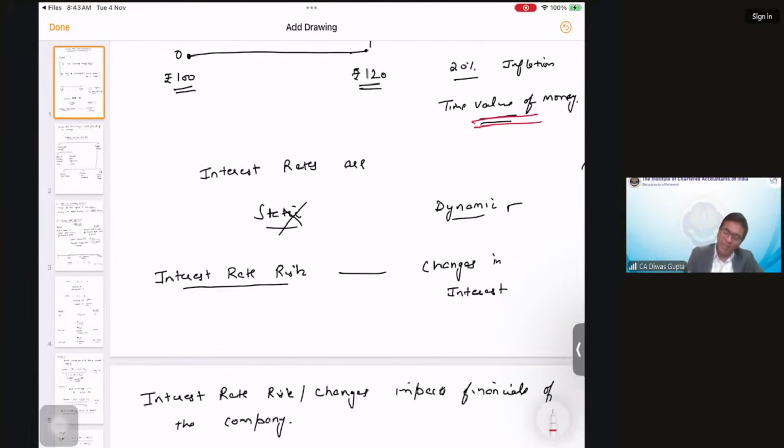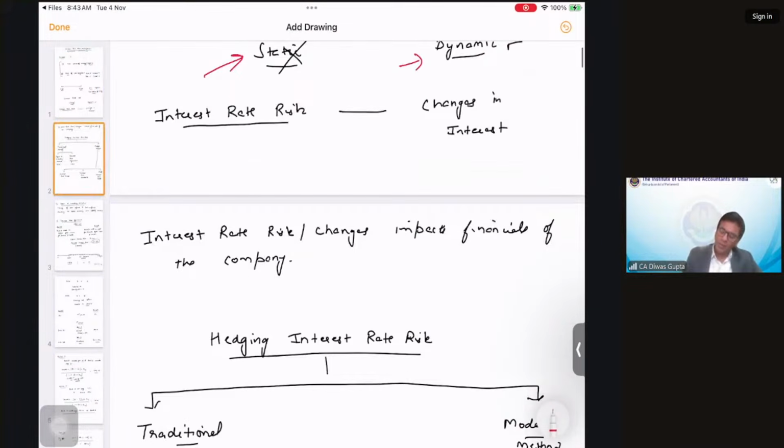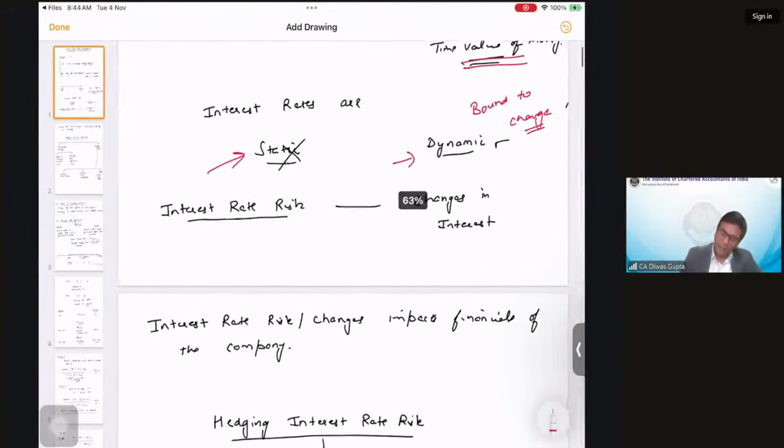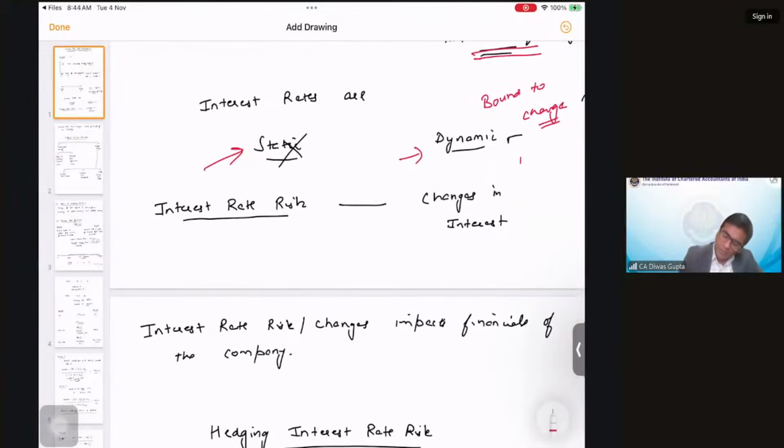Now, the primary concept is that interest rates are not static, they are dynamic, they are bound to change. And why are they bound to change? Because, one, market forces of demand and supply of credit.